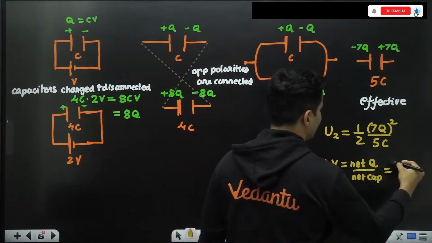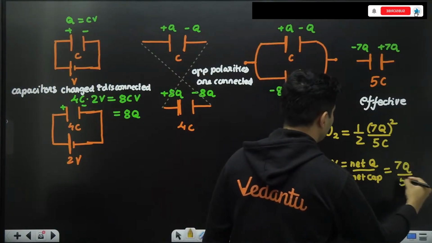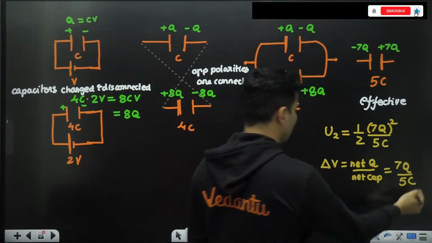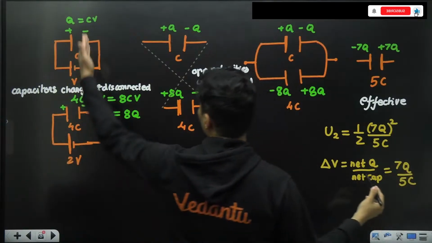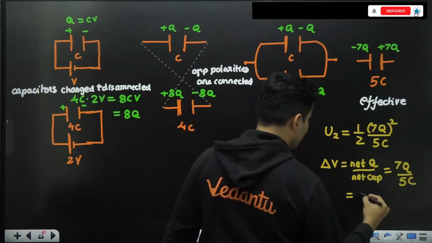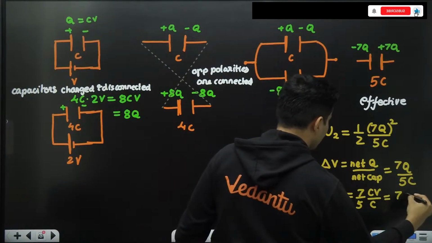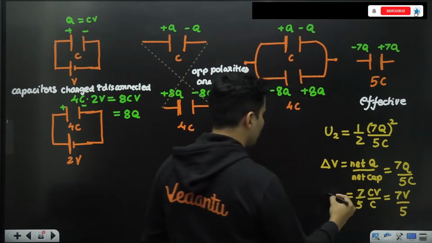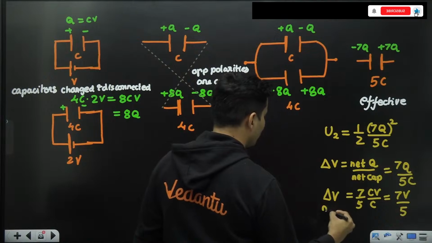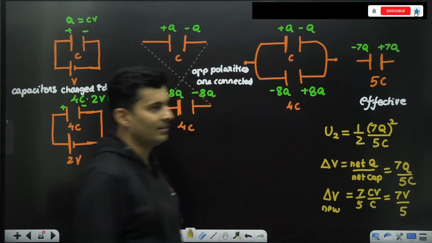Net charge is 7Q, net capacitance is 5C. But Q is CV, so 7 by 5, CV by C. So it will be 7V by 5. So that is the new voltage difference across the capacitances.